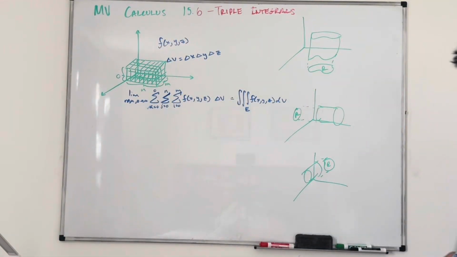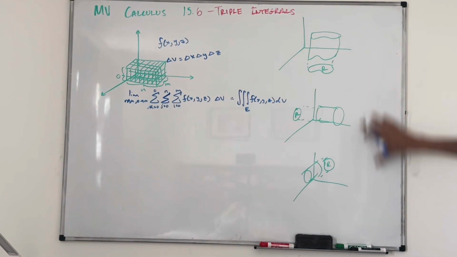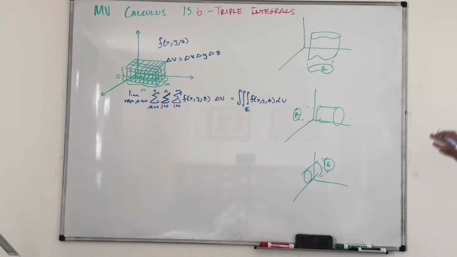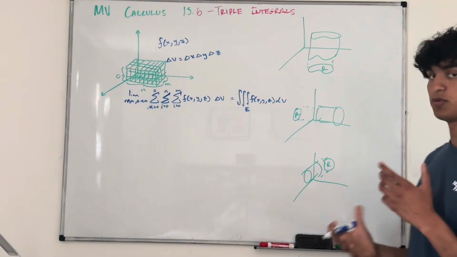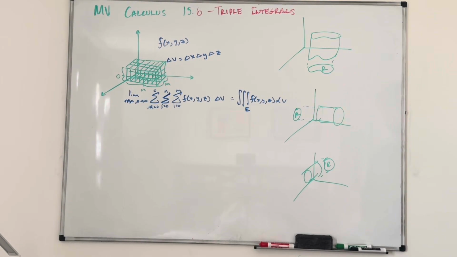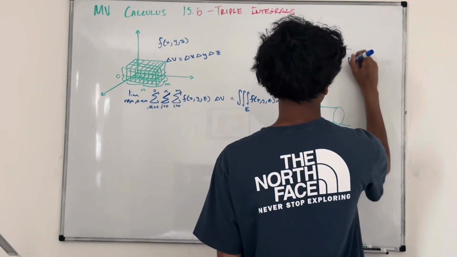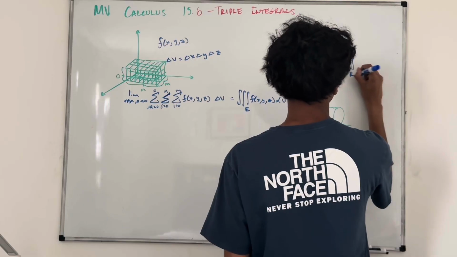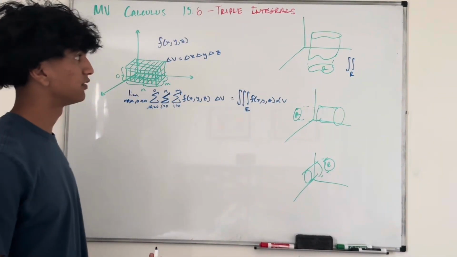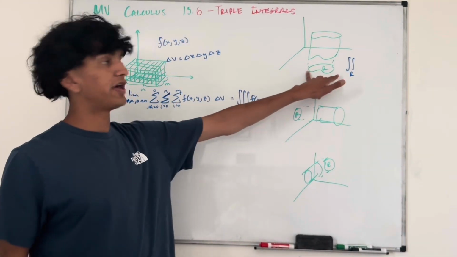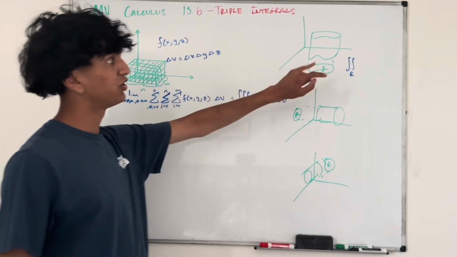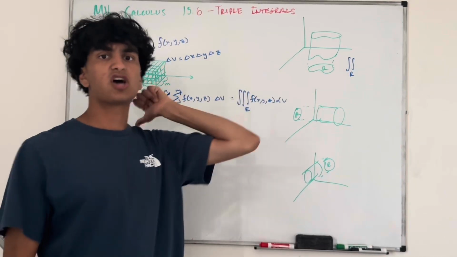Now, there are going to be a couple of different regions. It's very similar. Essentially, this is what we call type 1. For a type 1 integral, you're doing a double integral over a region R in the xy plane, and this could be a type 1 region or a type 2 region, this region R that we talked about before.